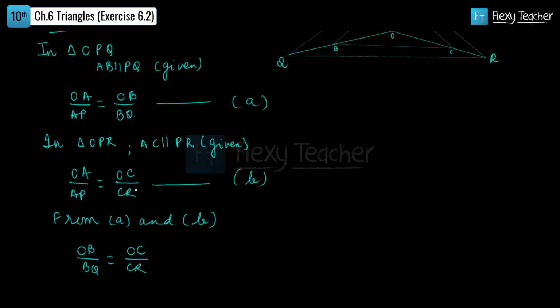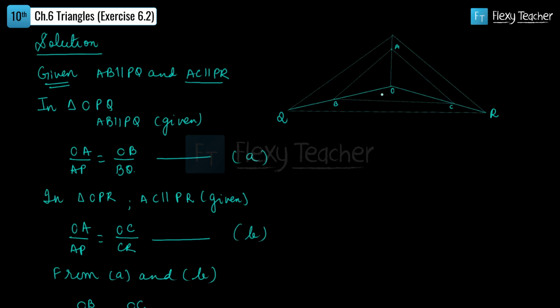Okay. OB upon BQ is equal to OC upon CR. Okay. So now in triangle OQR, OB upon BQ is equal to OC upon CR. Therefore, BC is parallel to QR by converse of the basic proportionality theorem. So in here, we are talking about the triangle OQR.